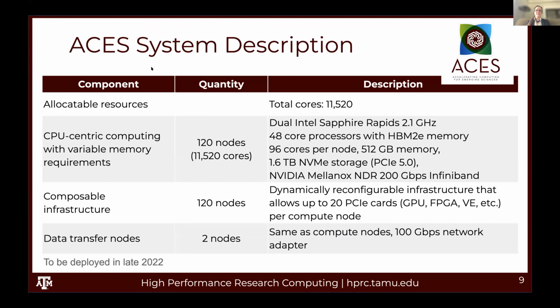So the ACES system is also going to deploy the composable hardware, but we're going to have a more diverse set of accelerators. So we still will have a lot of compute. It will have the composable infrastructure, and we will have these fast transfer data nodes, so you can transfer your data from remote areas to our machine for processing.